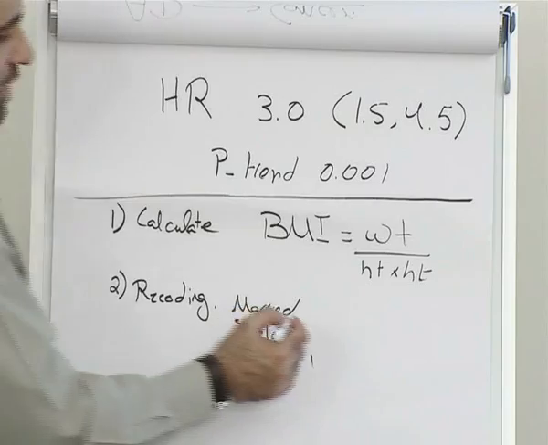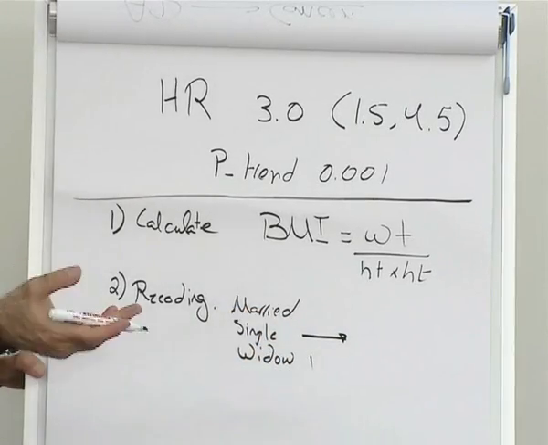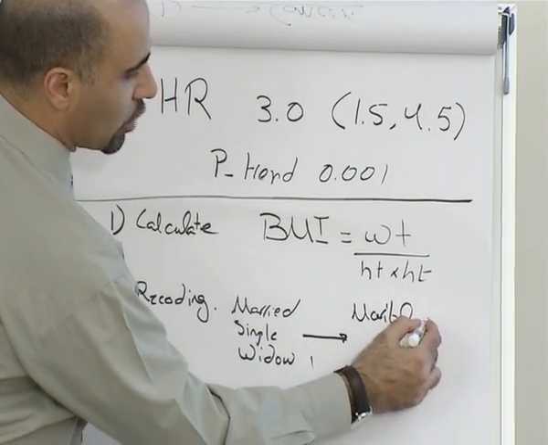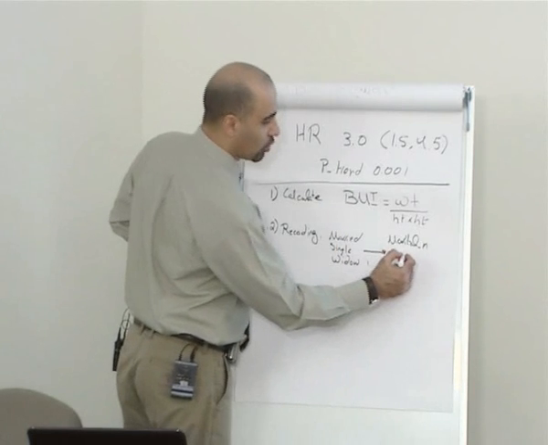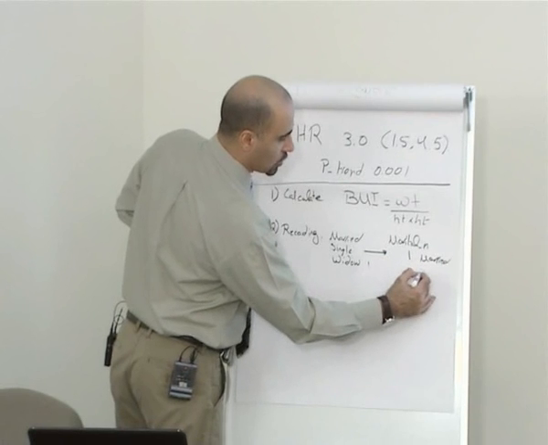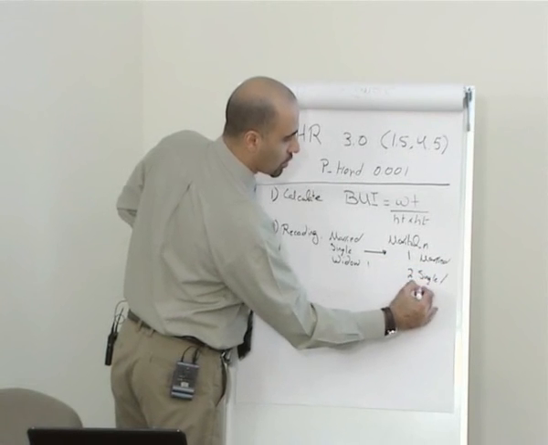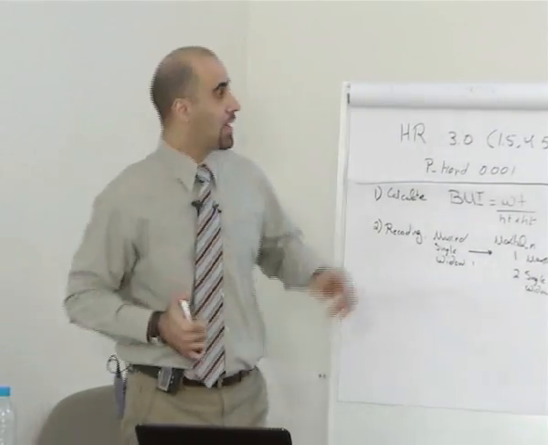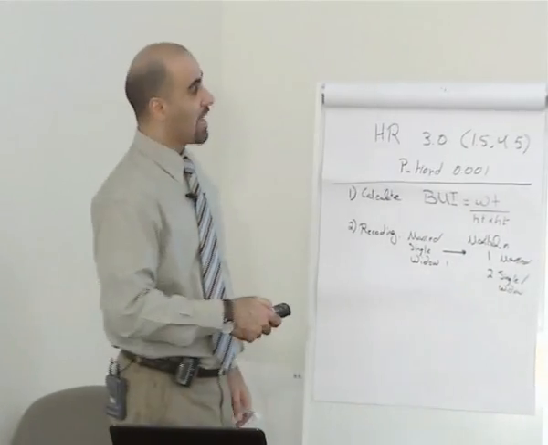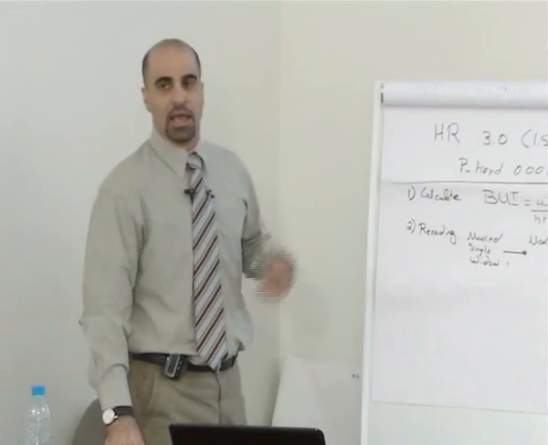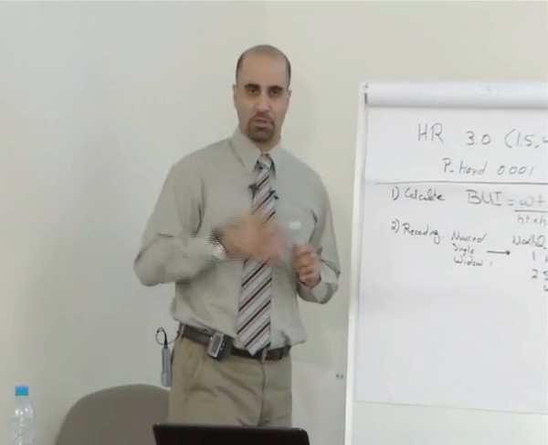I decide to change the coding into a new variable that I call marital_n, meaning the new marital status, and I want it only to be 1 or 2. 1 is married, and 2 is single or widow. Is it clear? So basically, I am recoding. I have the coding for the marital status, but I'm changing the coding. I want to combine the single and the widow together and the married alone. Again, you might have so many different examples based on your objectives.